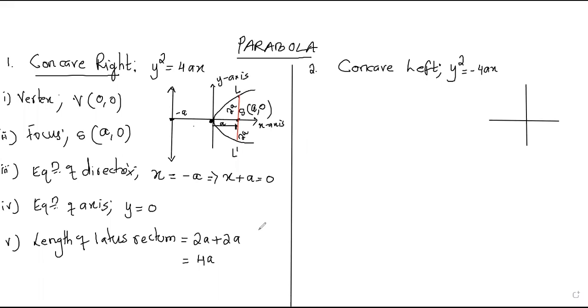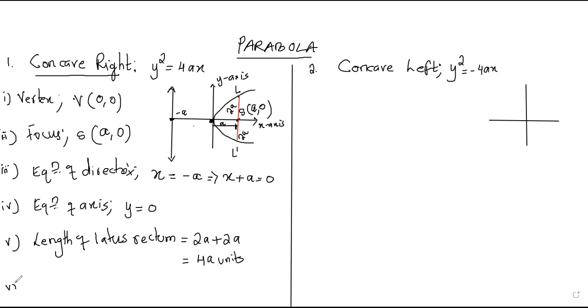It can be in centimeter, millimeter, or meter, but it can be any unit. Do not forget to write these units. If you forget to write units, you will definitely lose marks. So the length of latus rectum is equivalent to 4a units.